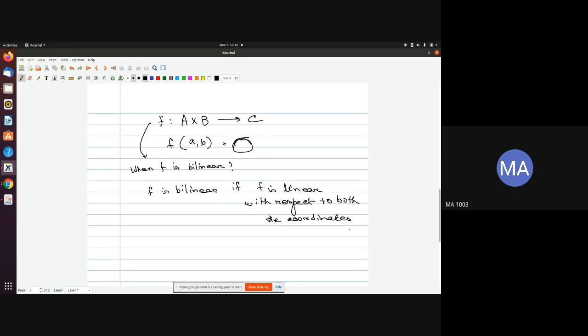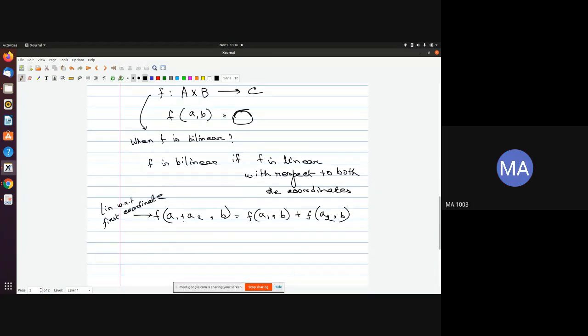What does it mean? If I have a1 plus a2 only with respect to the first coordinate, it should give us this. This is linear with respect to the first coordinate, right? No issue in that. And if I have this one, this is called linear with respect to the second coordinate.